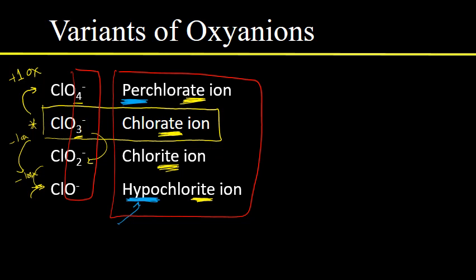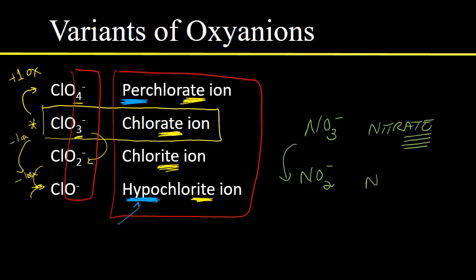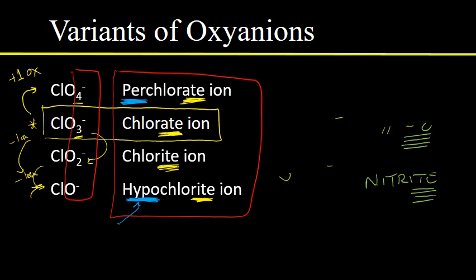So for example, if NO3 is nitrate, right, we can remove 1 oxygen to make NO2. Again, this charge stays the same, and this would be called nitrite. Right. We can do the same thing for sulfate.